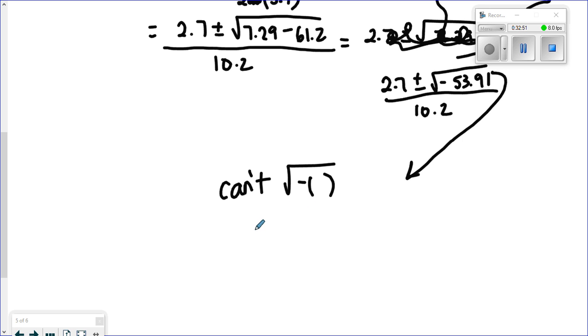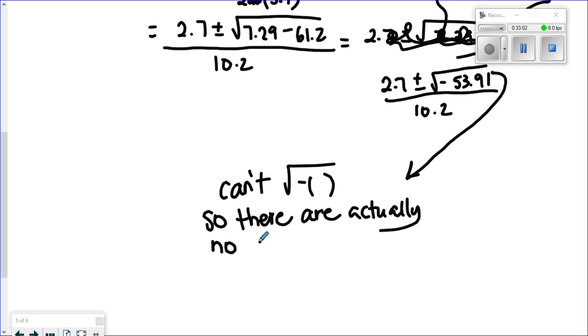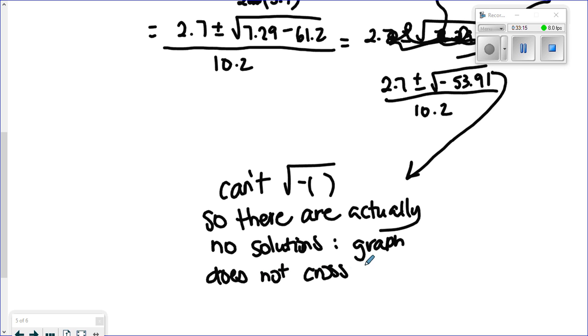So there are actually no solutions. The graph does not actually cross the x-axis.